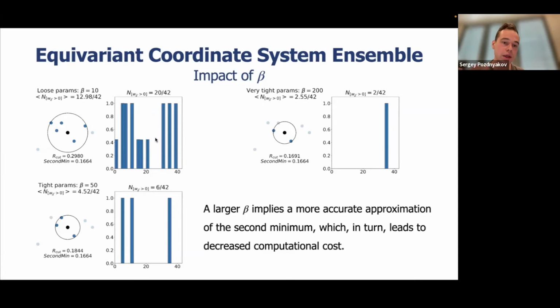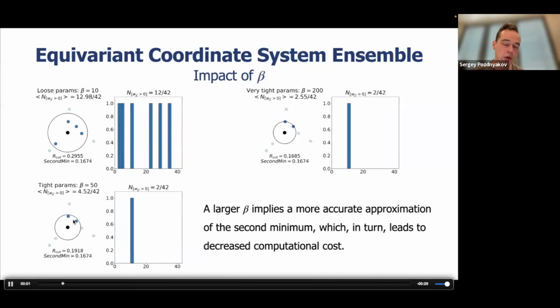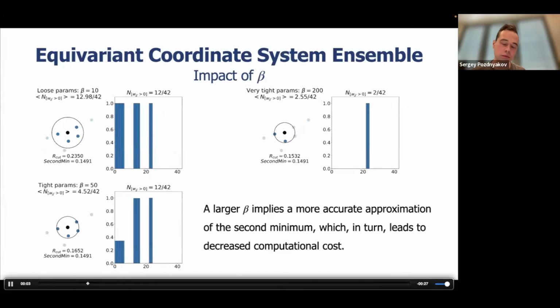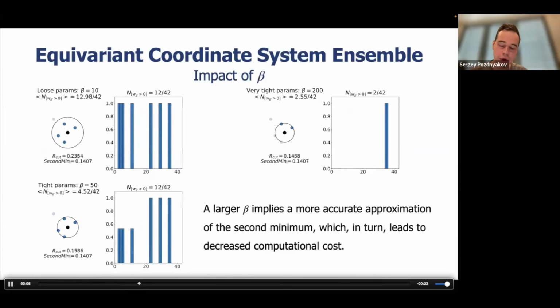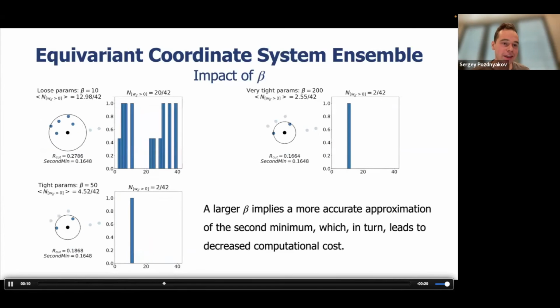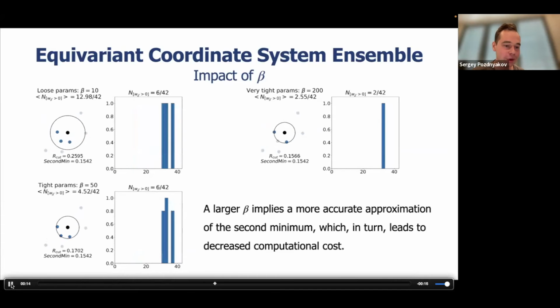Now let's see how this situation evolves over time. Okay, it evolves somehow. Probably it is not necessary to look at the whole 30 seconds. Probably we can stop here.